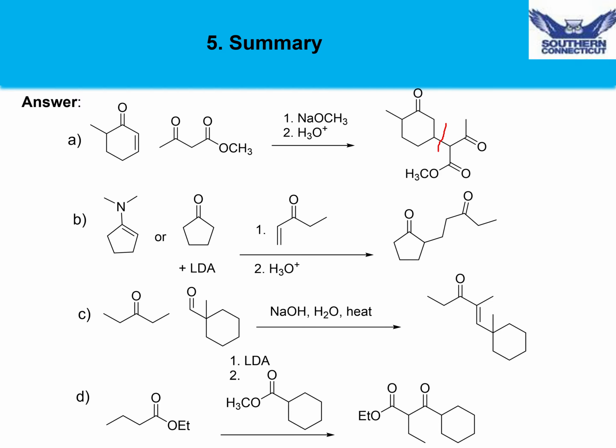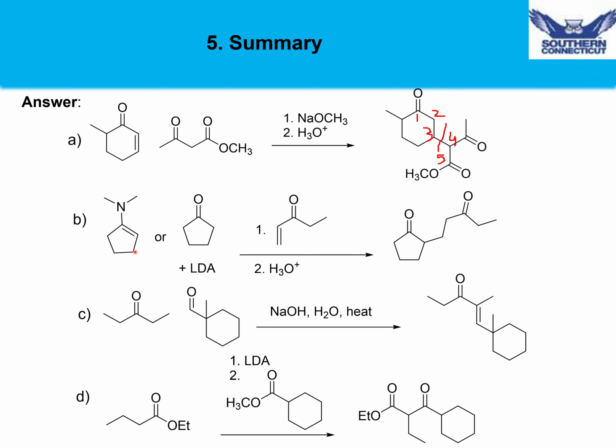The product should have, like all Michael reactions, a 1,5-dicarbonyl. So if we count the carbons from one ketone from the Michael acceptor to one of the other carbonyls from the Michael donor, they should be 1,5 to each other.